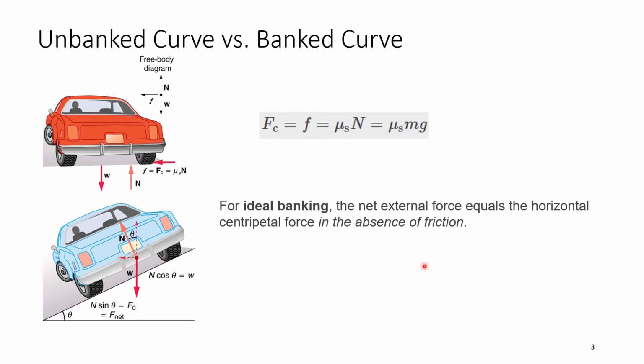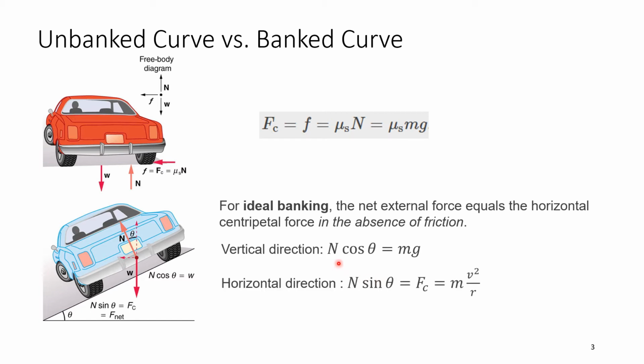Since there is no friction, in the vertical direction we have N cosine theta equals m g, and in the horizontal direction we have N sine theta, the centripetal force, equals m v squared over r.